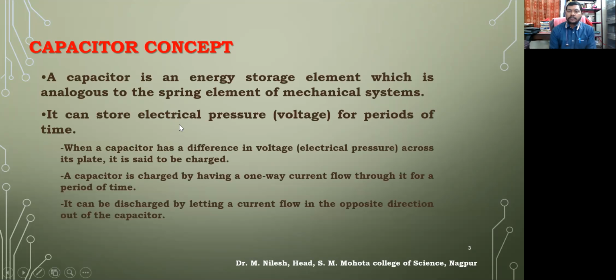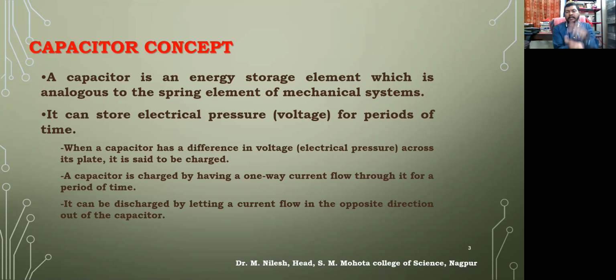In a capacitor we are expecting to store some energy in the form of charges, right? So we are moving the charges on one of the plates, and the other charges are going to be deposited on the other plate.